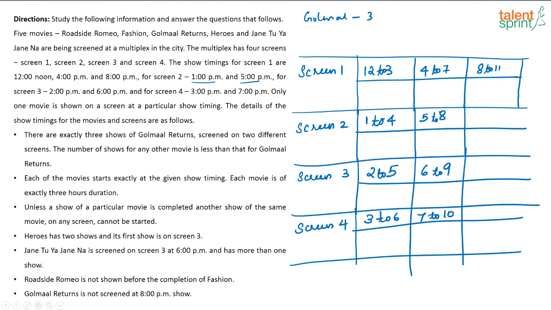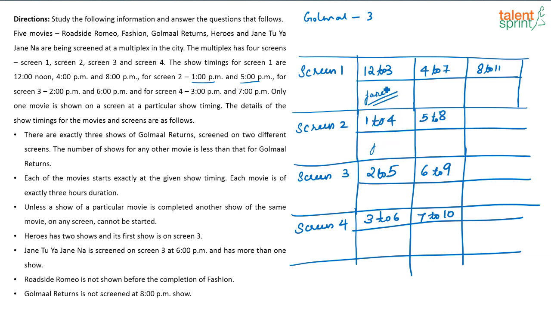Unless a show of a particular movie is completed, another show of the same movie on any screen cannot be started. Now what does that mean? For example, if Jaane Tu Ya Jaane Na is aired in screen 1 from 12 to 3, between 1 to 4 I cannot air this movie. Basically these times are overlapping.